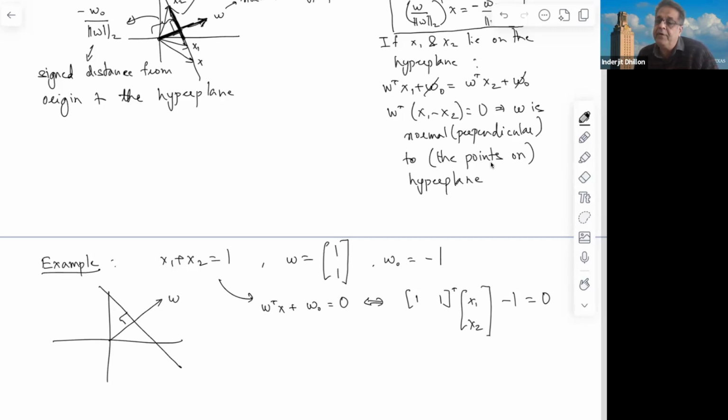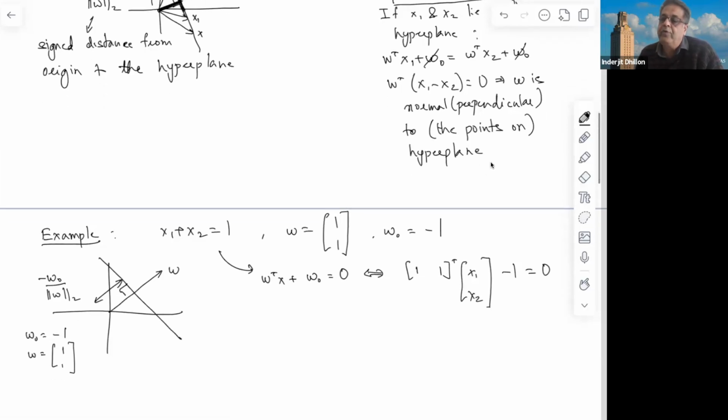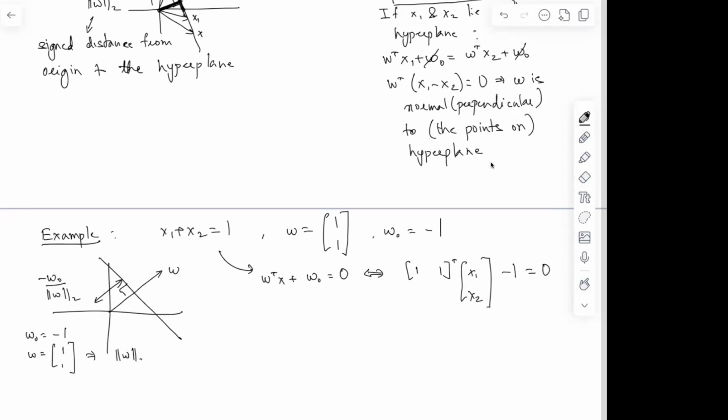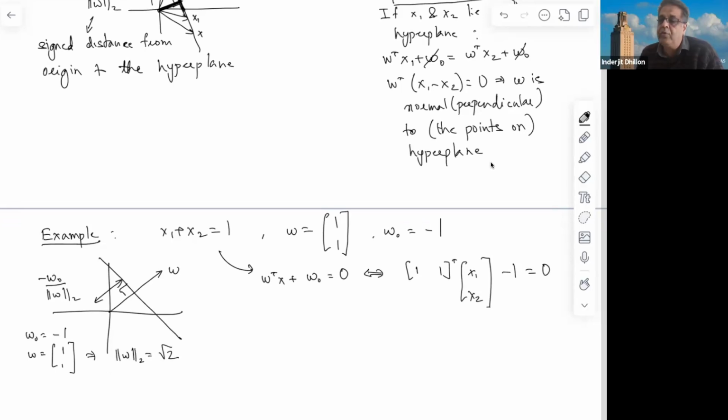And what is this distance now? Remember, that's the signed distance of the hyperplane to the origin, and that is minus W naught divided by the 2 norm of W. W naught is -1, W is equal to (1, 1), so the 2 norm of W is square root of 2.